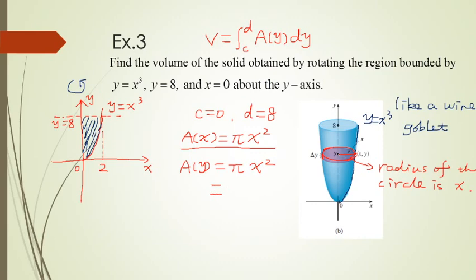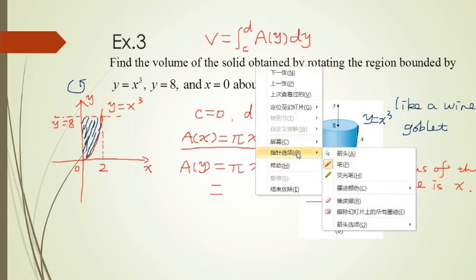So here is x. This length is x, but this point is on y equals x cubed. Then what is your y? So you can express it in this way. Let me write it as y.